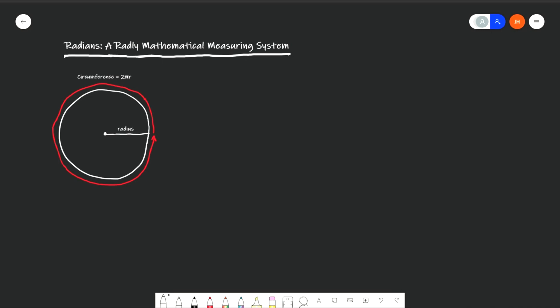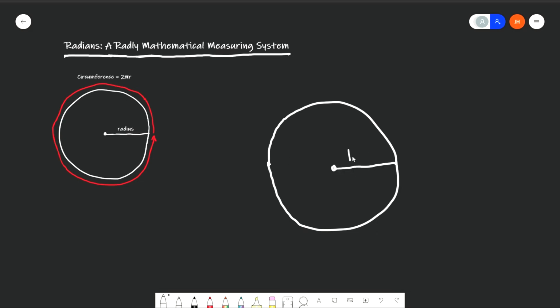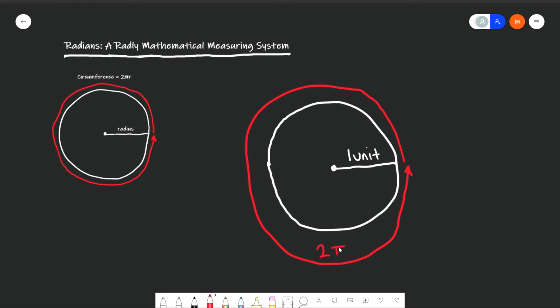So if I look at our unit circle, for example, our unit circle has a radius which is equal to 1 unit. And the circumference of this circle, the distance all the way around it, would be equal to 2 pi times its radius. Its radius is 1, so the circumference is 2 pi. It's 2 pi units around the unit circle, right?